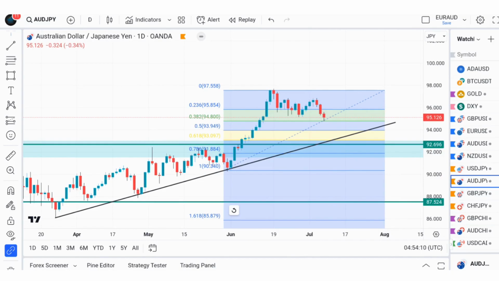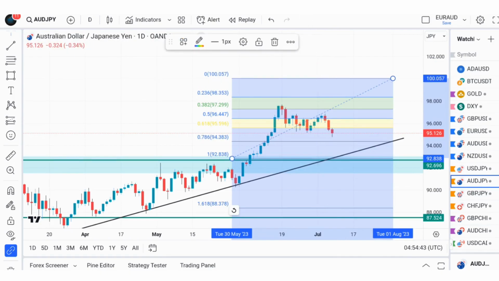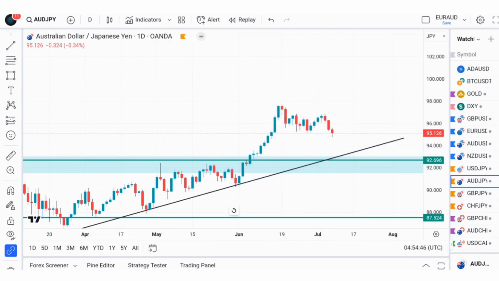So actually we are waiting for a rejection at this level of 61.8 Fibonacci retracement level, then to the upside. So that's what we are looking at right here. So let's see how it goes on so you can still take the advantage of this opportunity, because this is a daily time frame, and then look for a bearish move to this level right there.